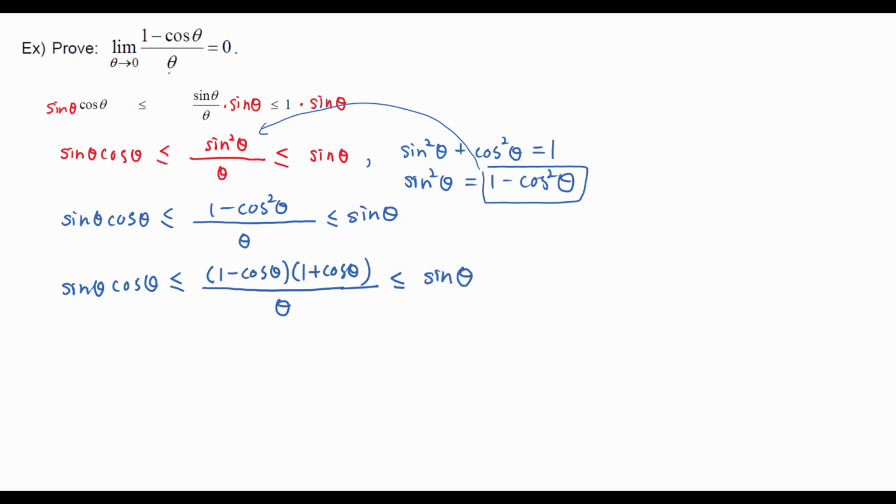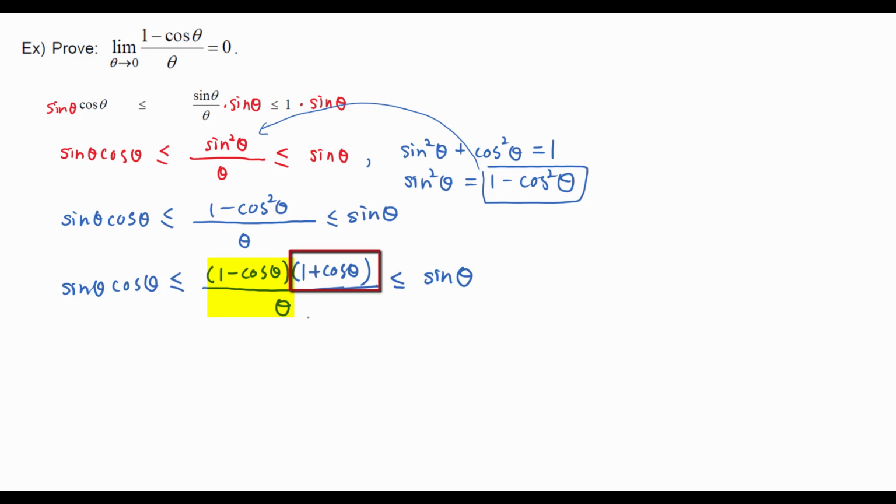And you can see I'm trying to find the limit of 1 minus cosine theta over theta. So if I can just get rid of the 1 plus cosine theta factor in the middle, it will give me the desired expression that I want to find the limit of.